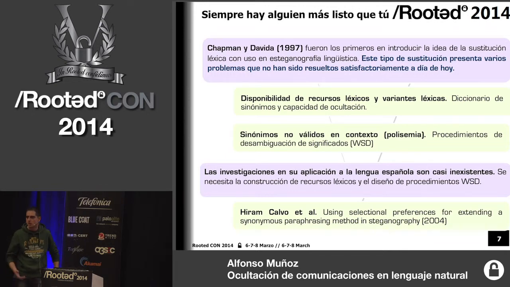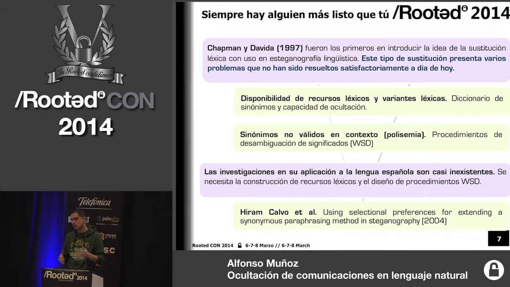When you start to do research, you find out that there is always someone smarter than you. Then you take advantage of that, you draw on that, and you use it to your advantage. This idea of using words to replace other words, I did not make it up myself; that was invented in 1997. However, there are two pending problems. One of them is polysemy. Imagine you have a word, bank.